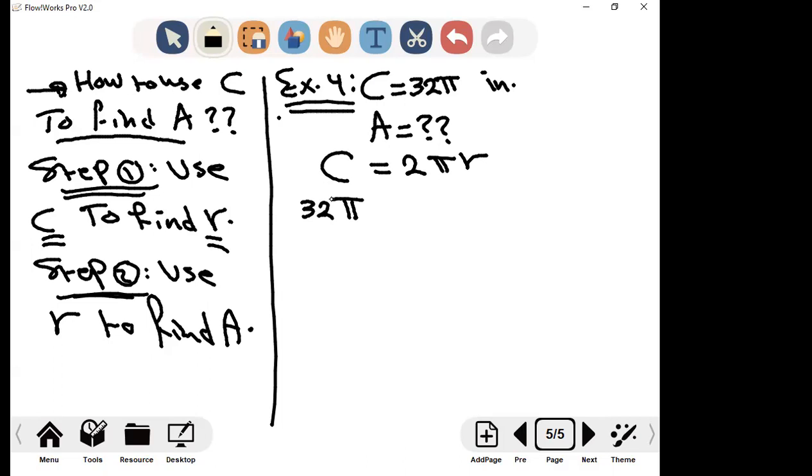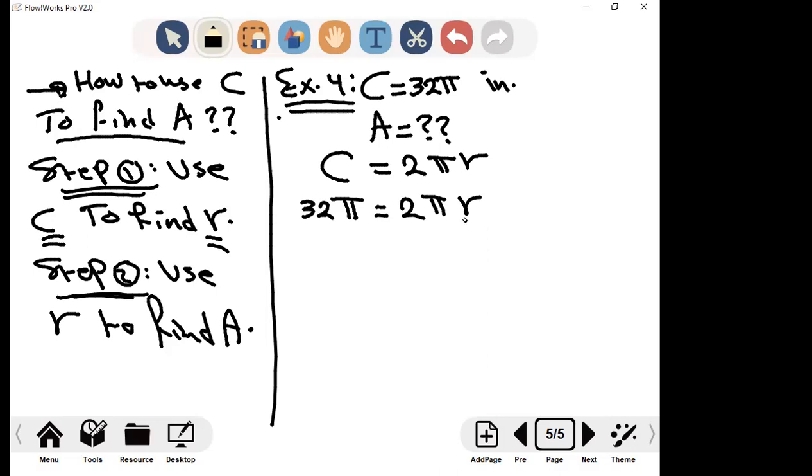C equals 2 pi r, so 32 pi equals 2 pi r. I want r. We divide both sides by the coefficient of r, right?